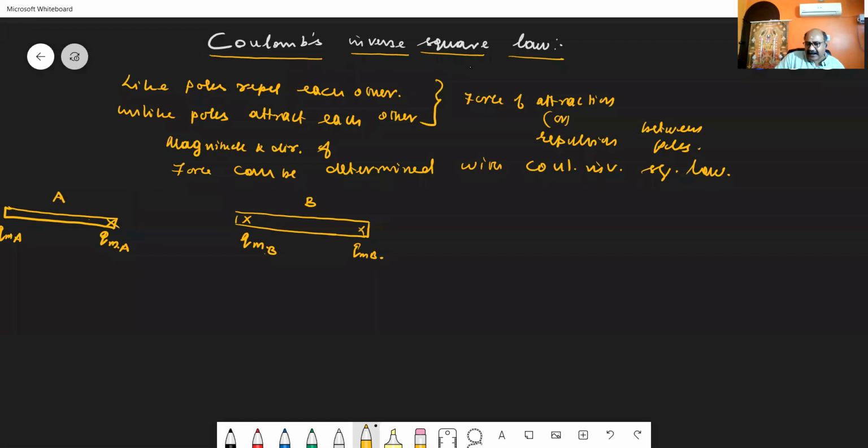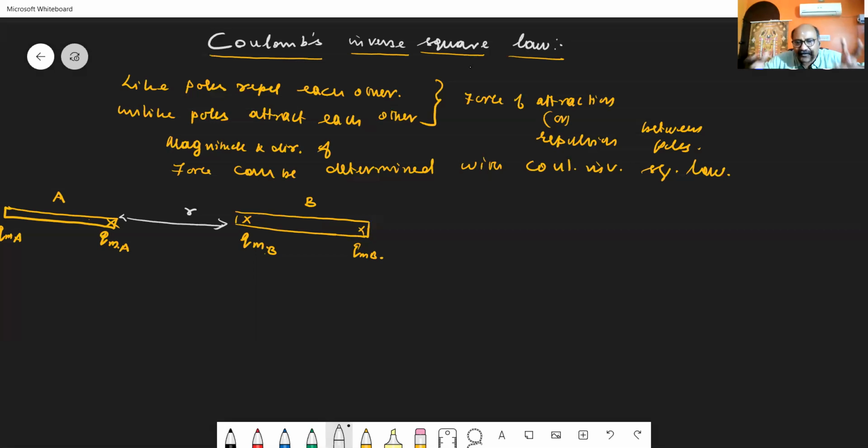The distance between the two pole strengths, let us consider as r. In between these two pole strengths, there may be either attraction or repulsion depending on the nature of the poles. If both poles are of the same nature, a repulsive force will be available, and if the poles are of opposite nature, an attractive force will be available.